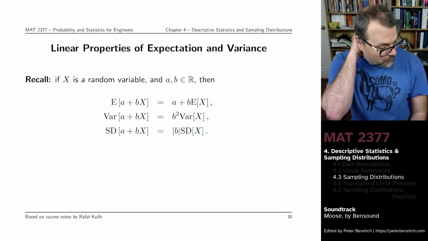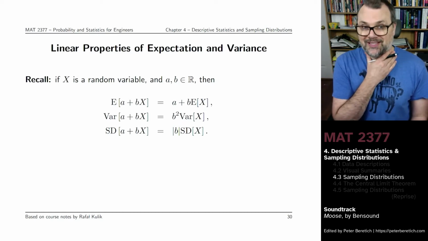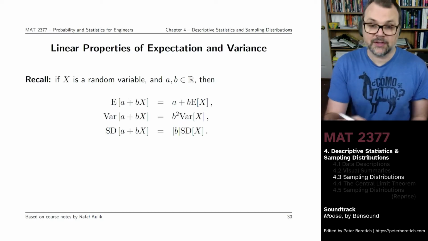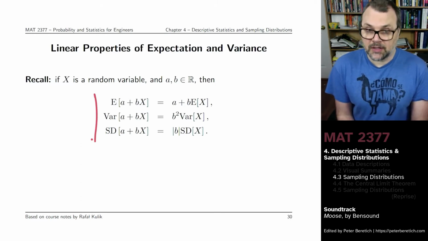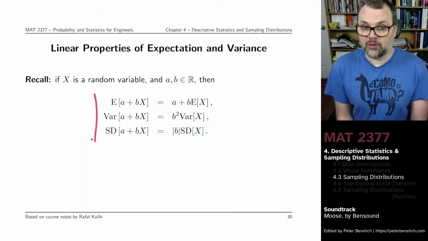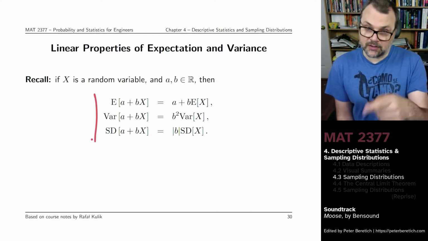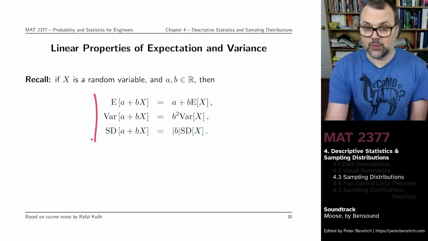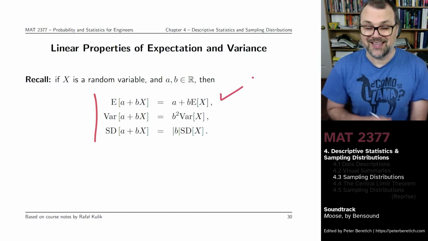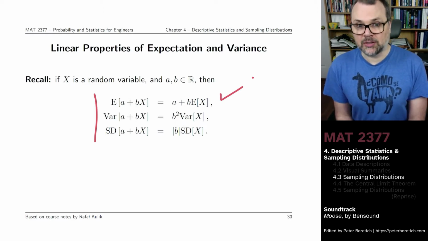Before we go on to talk about this a little bit more, let me remind you that we have some properties of expectation and variance. The expectation of a constant plus a random variable multiplied by some scalar is the constant plus the scalar multiple of the expectation of the variable. So this is one that we need to know. We need to know how to separate expectations when we have a linear combination of terms.